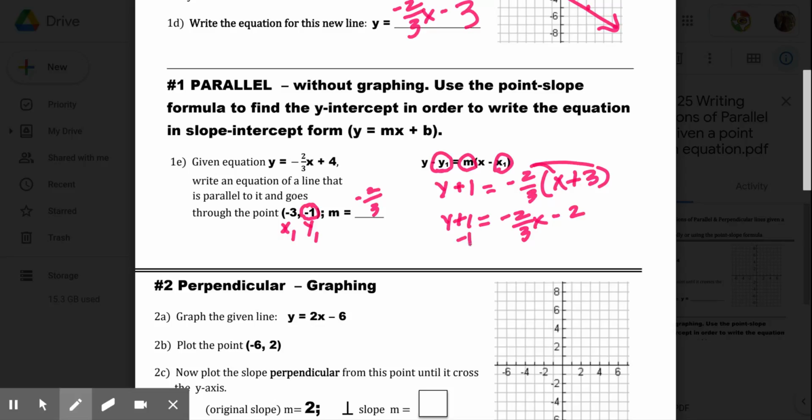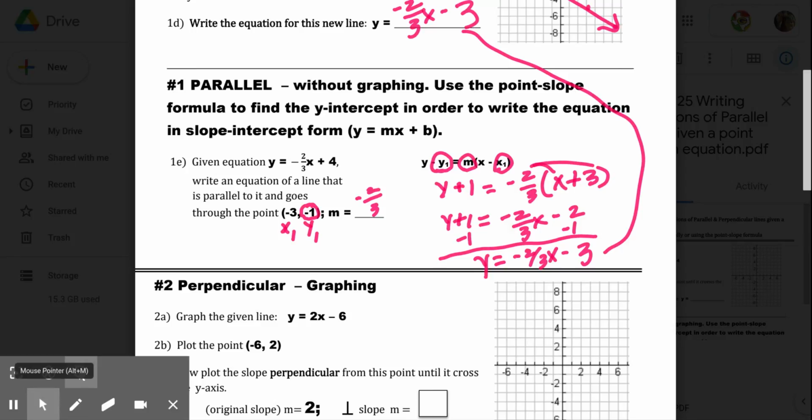Then you're going to subtract 1 from both sides. And so our new equation, without graphing and using the point slope formula, is -2/3 x, and -2 minus 1 is -3. So you see we get the same equation, whether we're graphing it or whether we're using a formula.